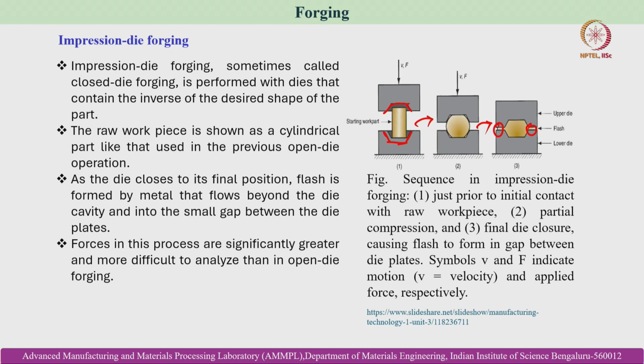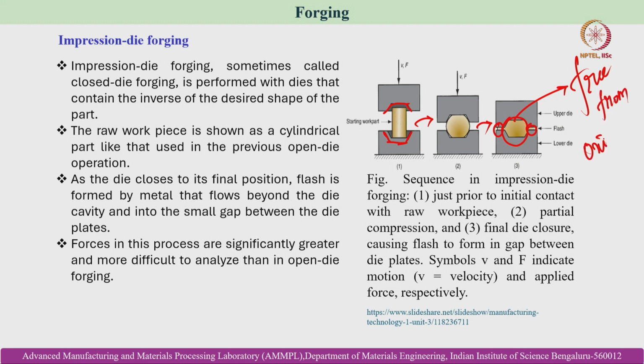The benefit of giving this flash region is that the extra metal that is not needed to form the workpiece as per the impression in the die cavity, along with the oxide scales and dirt inclusions, gets trapped in the flash region. Hence the generated component comes out clean and free from oxide skin defects and inclusions as well.